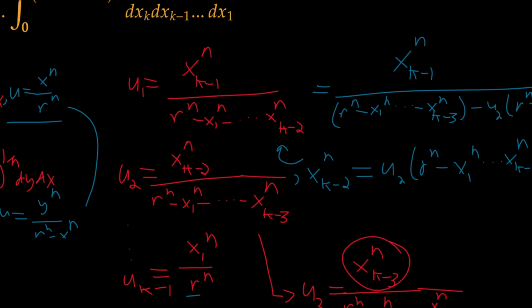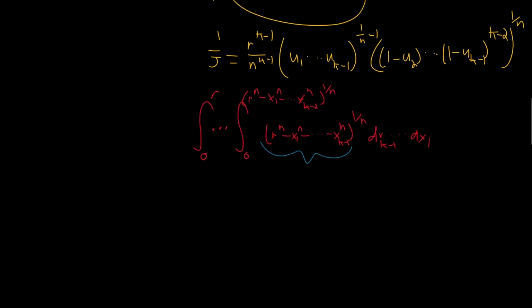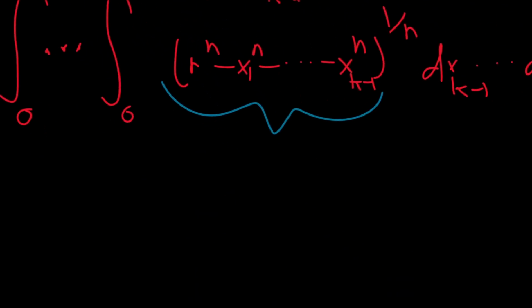You'll see here that we can just solve for x_{k-1} and get that in terms of u1. So this term right here is just u1 times r^n minus x1^n minus dot, dot, dot, x_{k-2}^n.